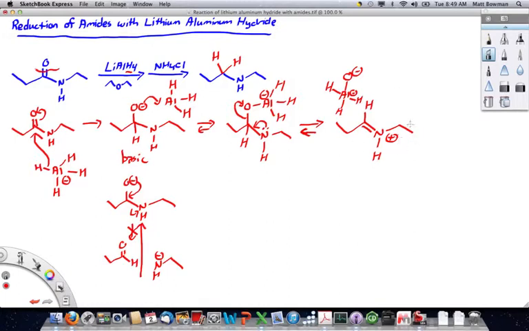And you form this. Now, protonated imines are very good electrophiles.